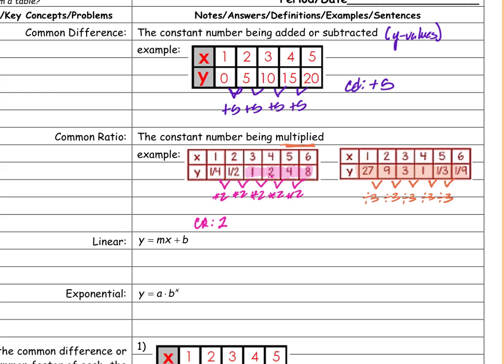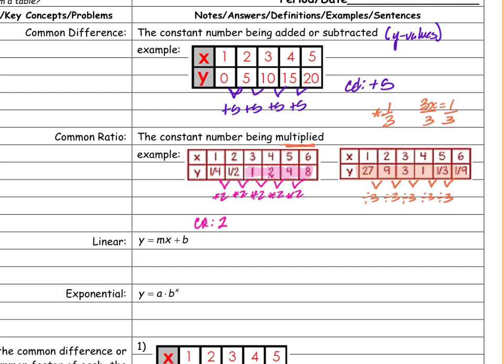Okay, so let's see if I can do it this way, if this makes sense. If I have 3x equals 1, I would divide by 3. Is that correct? Is everyone okay with that? Right? So that would be the same as multiplying by 1/3.